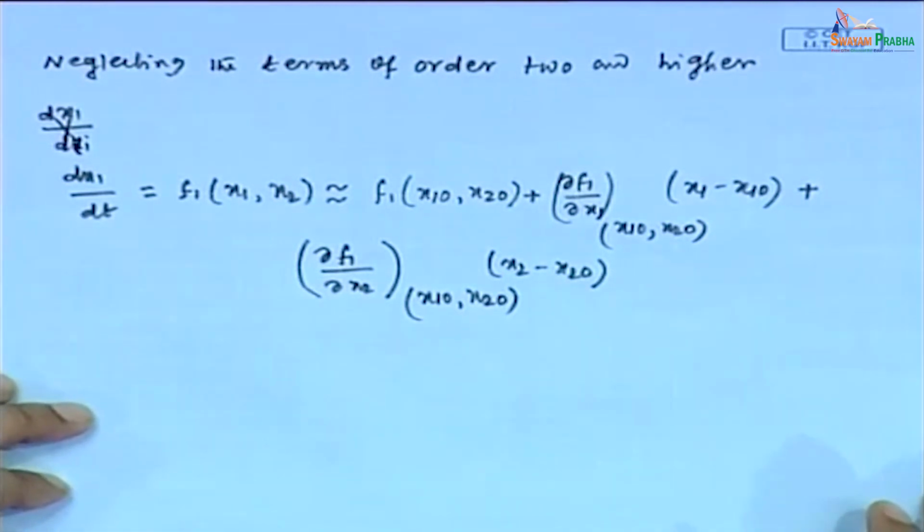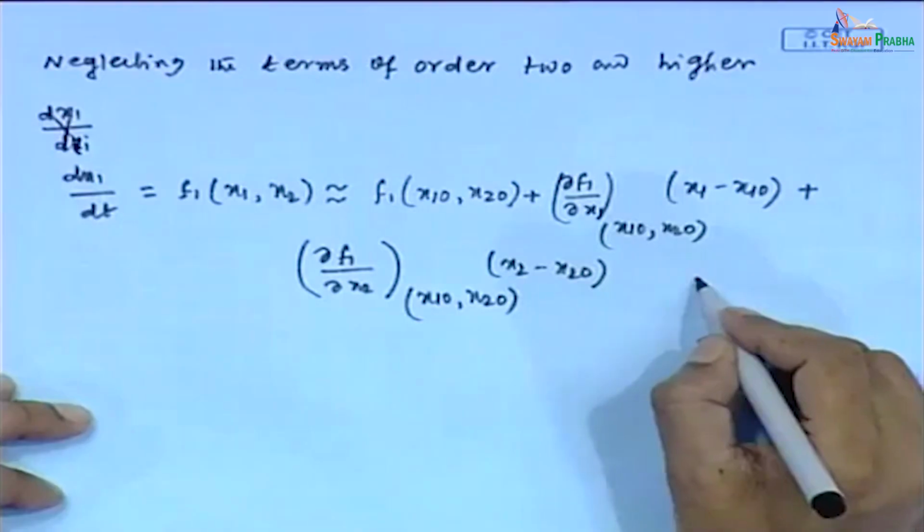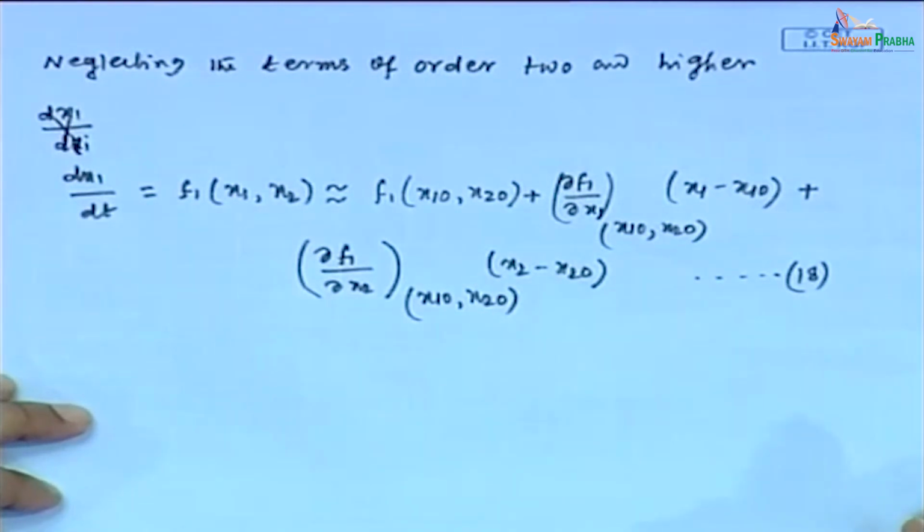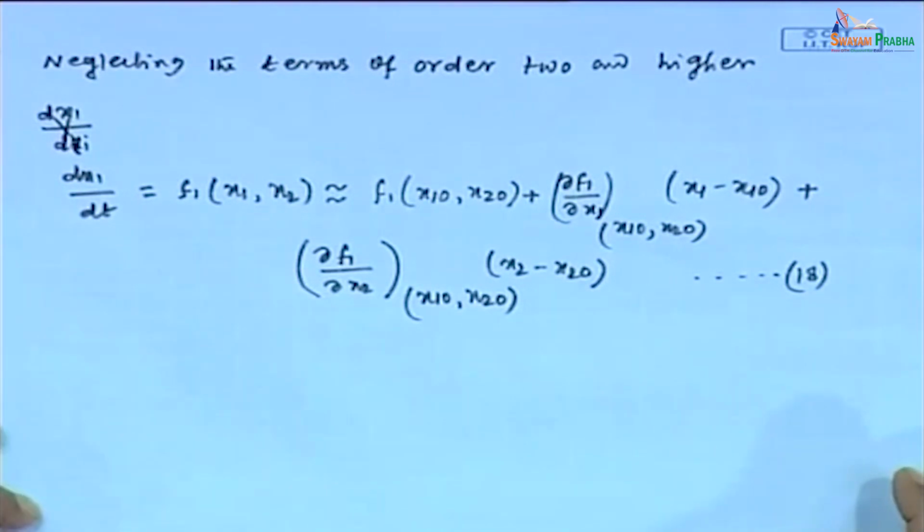This is the linearized form, neglecting the terms of order 2 and higher. We will use equation number 18 for this equation.